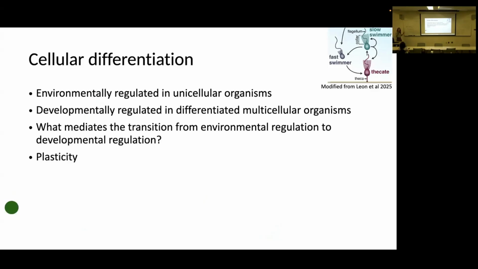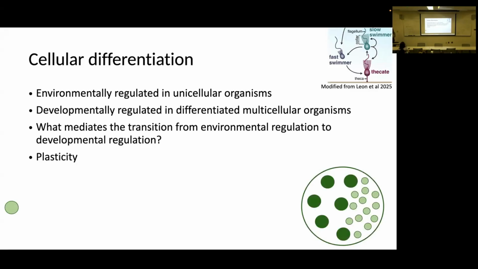So I told you I was going to talk about 2 different stages in the evolution of multicellularity: group formation and cellular differentiation. So cellular differentiation is environmentally regulated in unicellular organisms. They can change their state in response to the environment. And it's developmentally regulated in multicellular organisms.